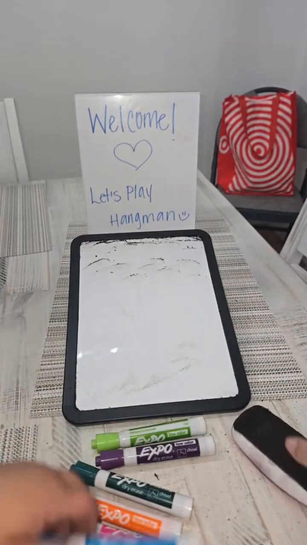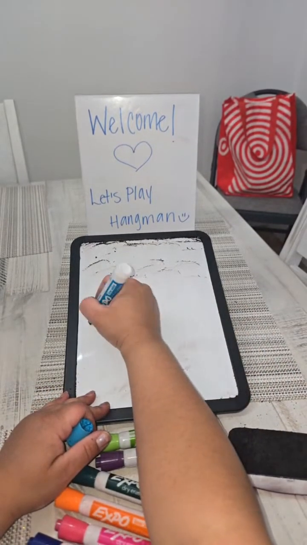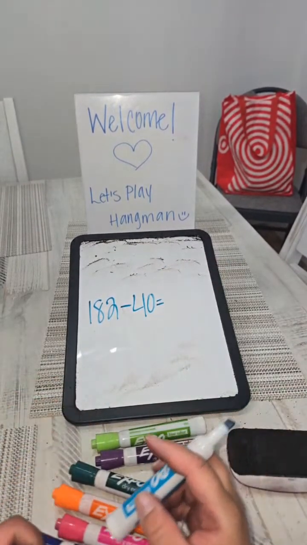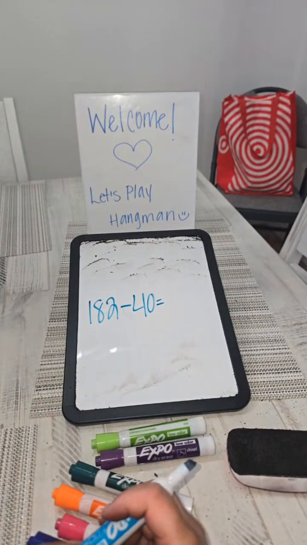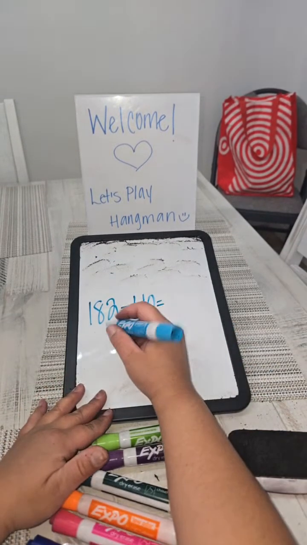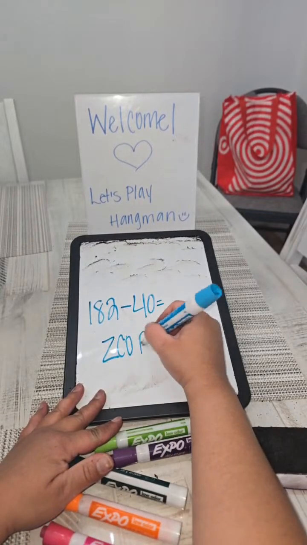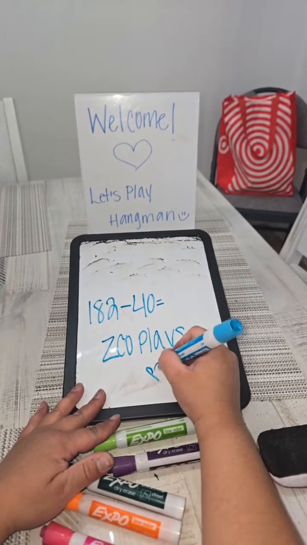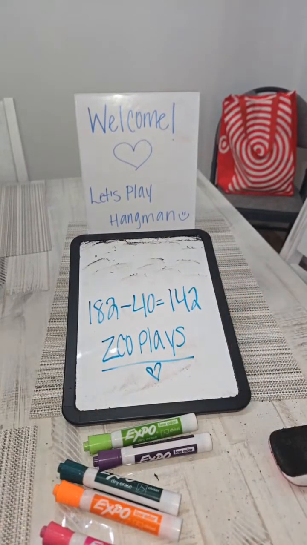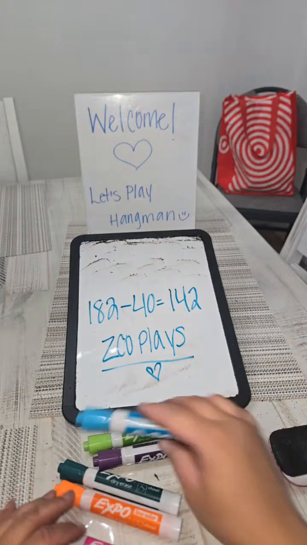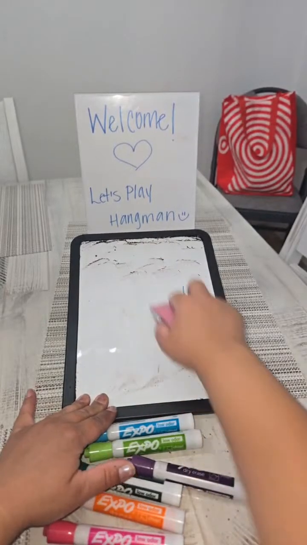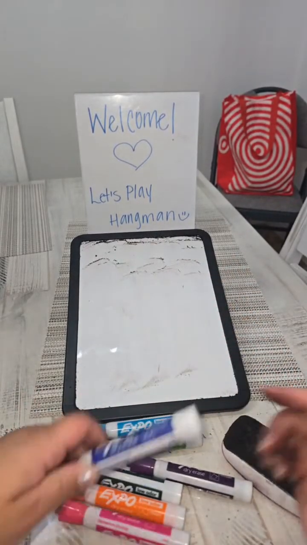What is 182 minus 40? 182 minus 40. Again, at least for my top comments, it shows that this person came through again with the correct answer. Good job. Good job. All right, moving on to the next one.